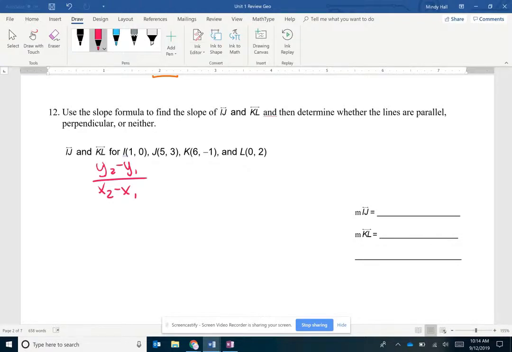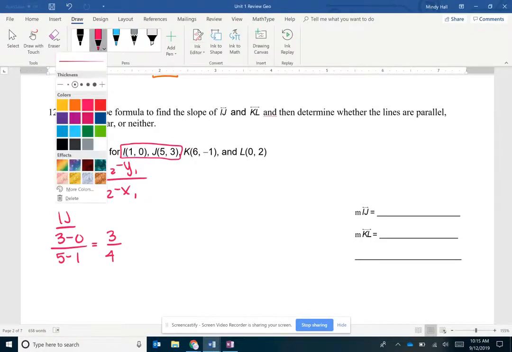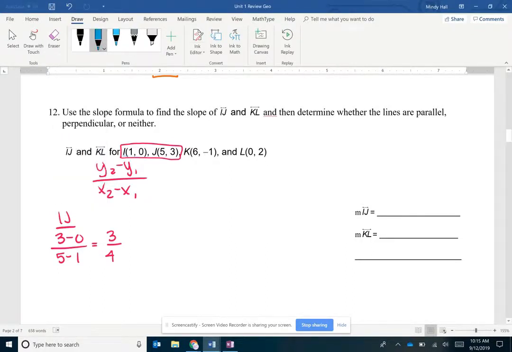For IJ, we'd have 3 minus 0 over 5 minus 1. 3 minus 0 is 3, 5 minus 1 is 4. If these are parallel, then I should get 3/4 for KL. And if they are perpendicular, then I should get negative 4/3, hopefully.